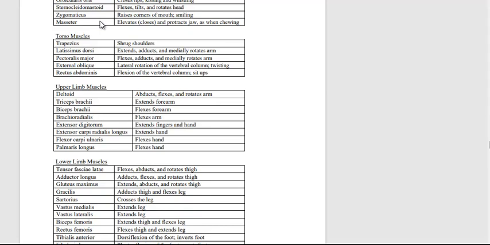So going through these, your trapezius allows you to shrug your shoulders. If you clap your hand to the back of your neck, you're laying your hand on the trapezius. So that's the one that's going to allow you to shrug your shoulder. The latissimus dorsi extends, adducts (adducts, remember, brings in towards the body) and medially rotates your arm.